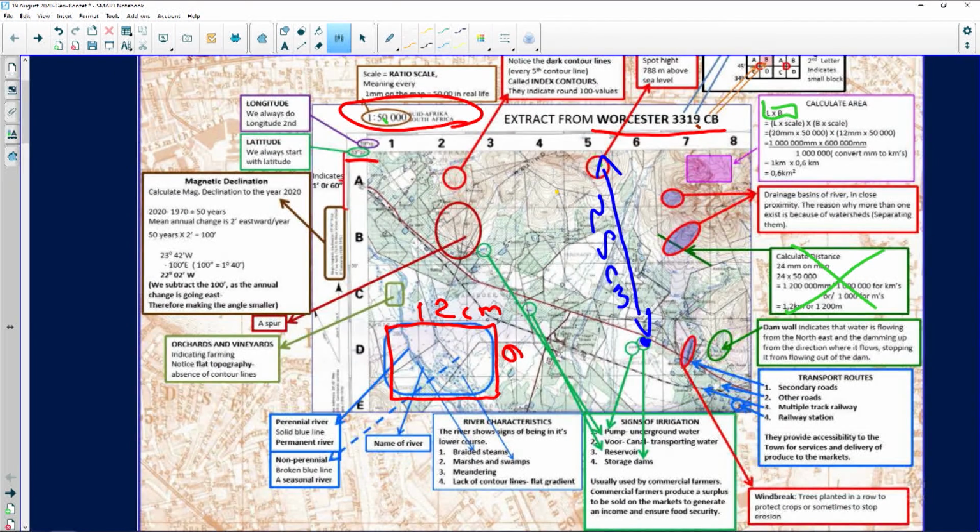Now all that information is usually given to you. Okay, you just need to go and determine the present year, or it might be a different year the examiner asks you to go and calculate this set of information. Now where will you find this information? Now for instance, if you look at this Worcester map, the magnetic declination has been presented on the left hand side corner.